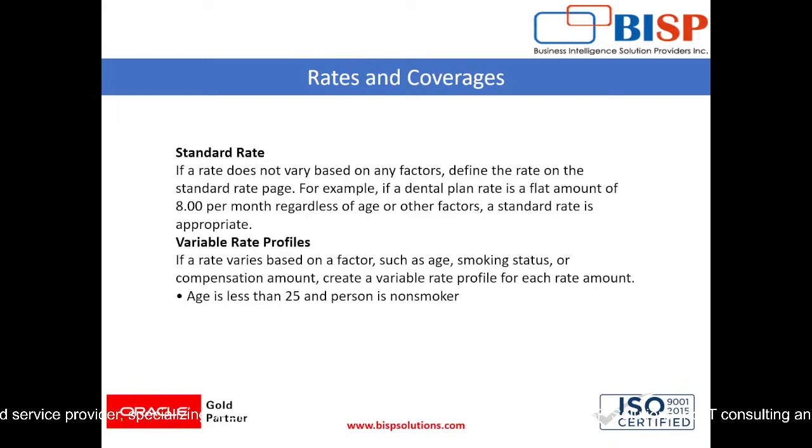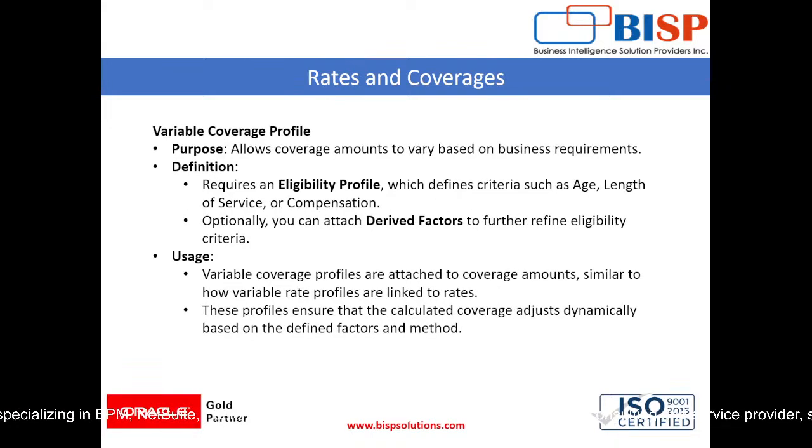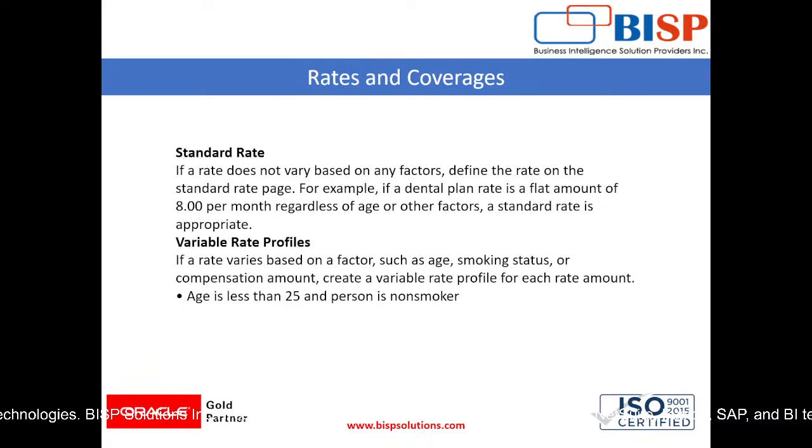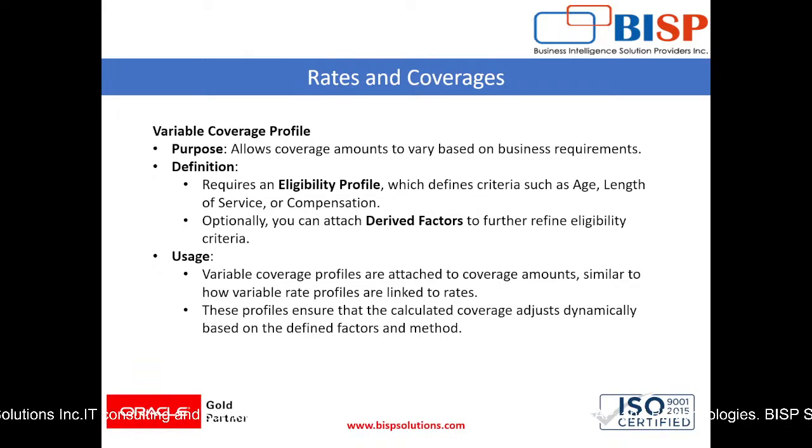There are certain factors which relate to this variable rate profile. Then there is your variable coverage, which allows coverage amount to vary based on business requirement. It requires eligibility profile and optionally derived factors. In the variable rate profile also you need eligibility profile and derived factor as well.